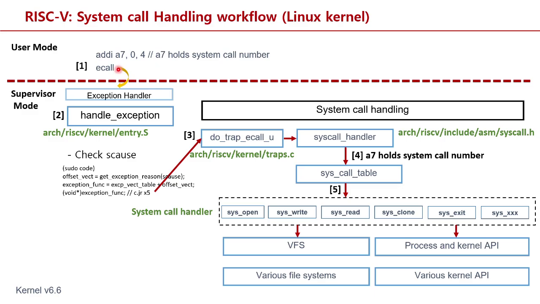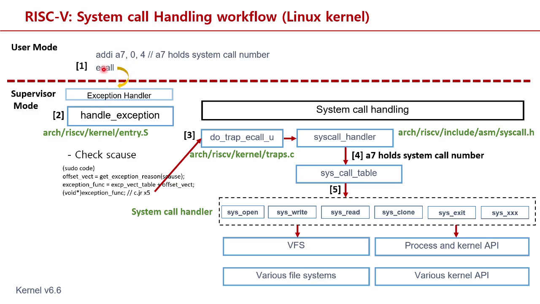Like any other trap, running the ecall assembly instruction will trigger a trap. Another thing you have to understand is that before the ecall instruction, you can see that the A7 register is updated. The reason is that the A7 register is used to store the system call number. So every time you look at an ecall instruction in user mode, you're going to see an assembly instruction that manipulates the value of the A7 register.